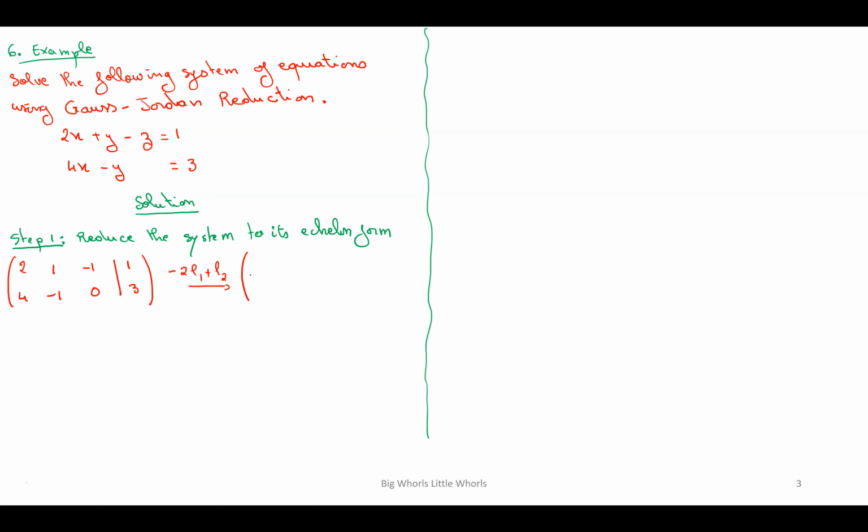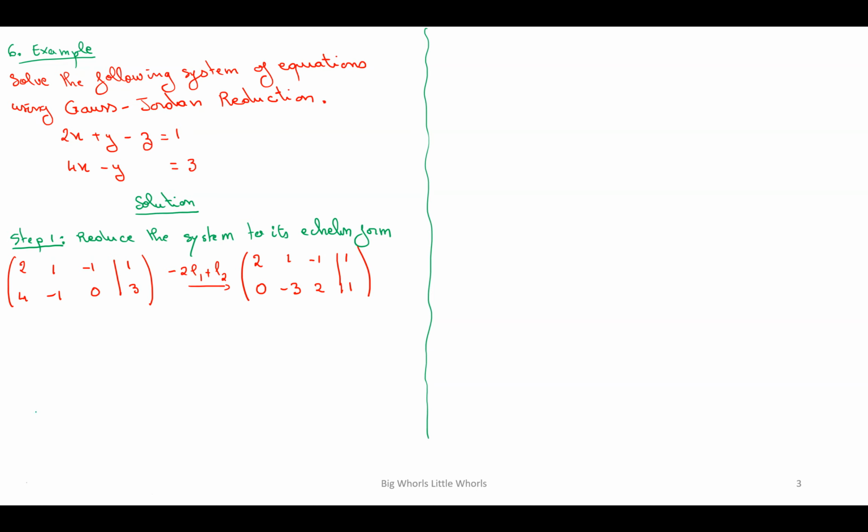It gives us 2 here, 1, minus 1, we have our 1 there, and then we have a 0, minus 3 and 2 here, and minus 2 plus 3 is 1. So basically we have finished with Gauss's method. This is the echelon form of the matrix, but we are not done yet.